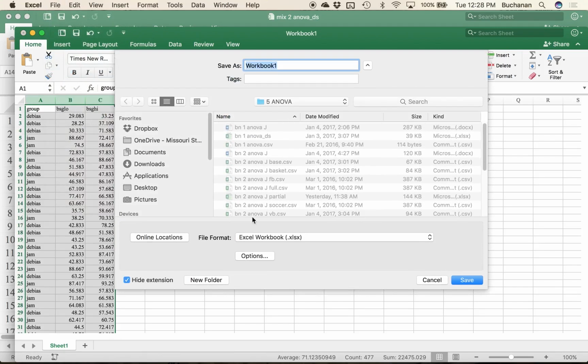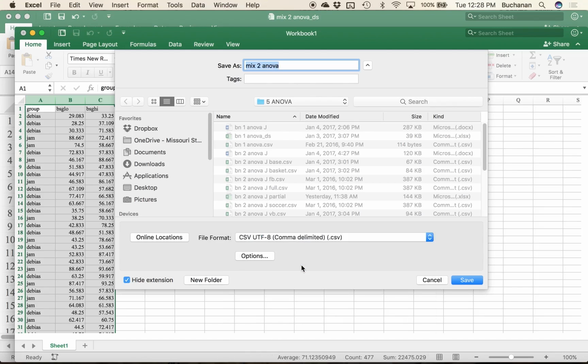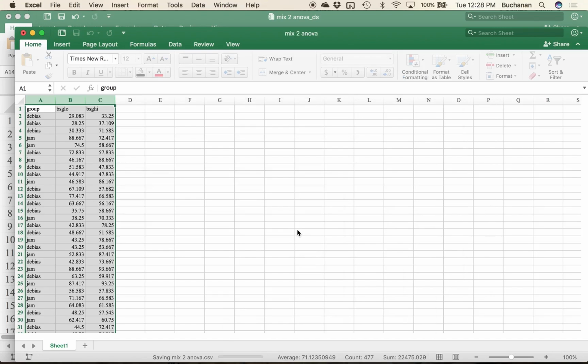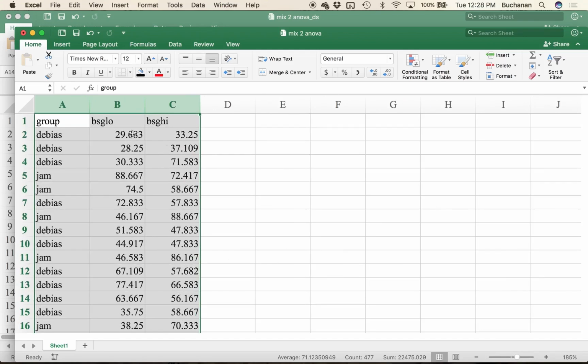I know I didn't delete anybody, but it's just easier to make a new data set. Be sure you save that data set as a CSV. And what that does is it allows me to have my sort of final one, which is separate from the repeated measures 2 data that had the extra columns in it.